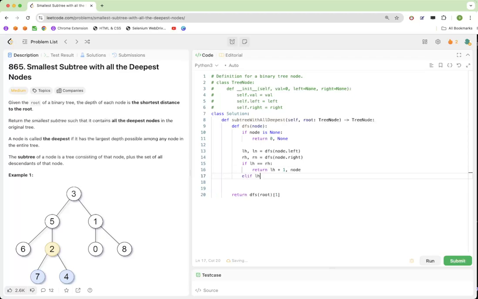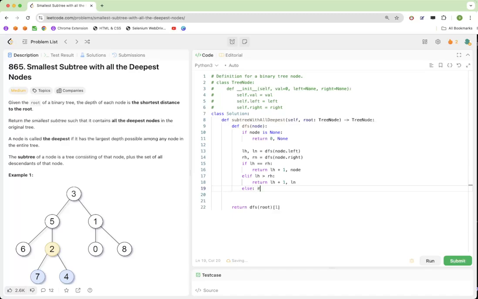Otherwise, let's say that the left height is greater than the right height, then we return the deeper height plus 1 because we're always popping back up. And then, this is key, we return the left node. We don't return the root, we return the corresponding left node, which has the deeper height. So let's do that.